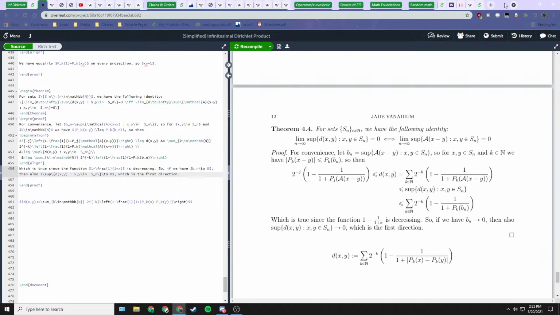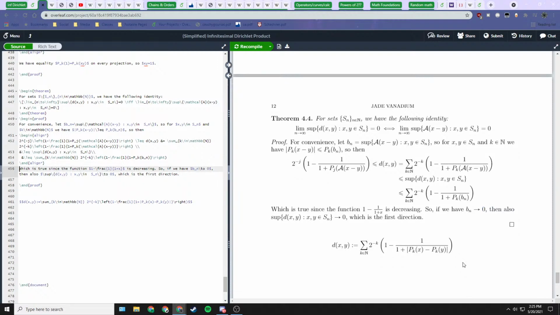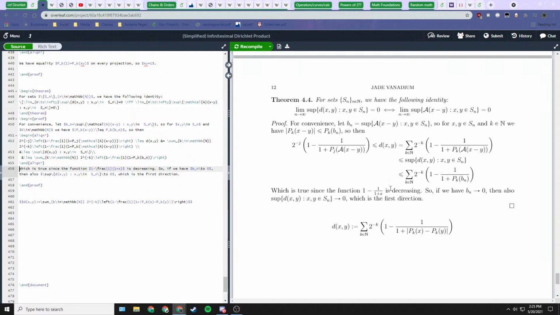Because we have this supremum of distance functions bounded by this, as b sub n goes to 0, this whole summation should tend to 0 as well. We should maybe be more explicit about that.